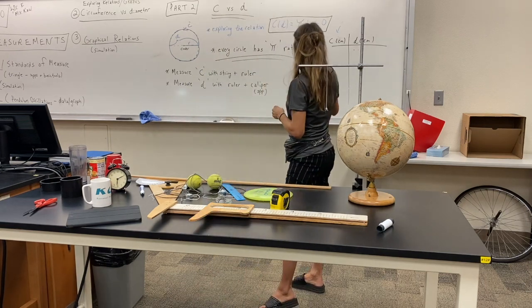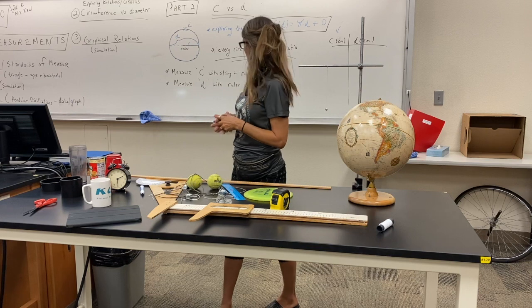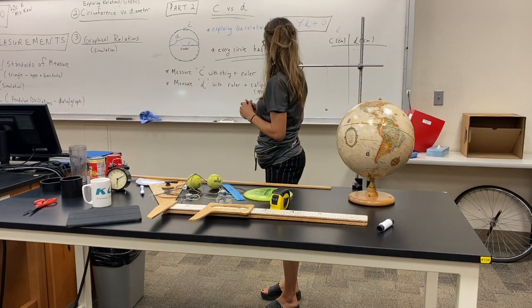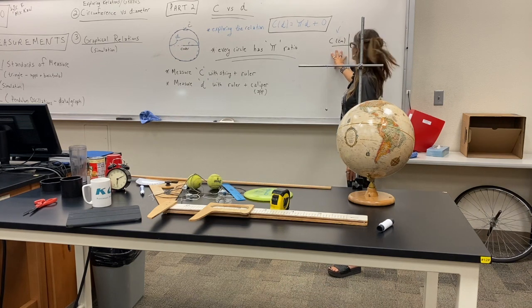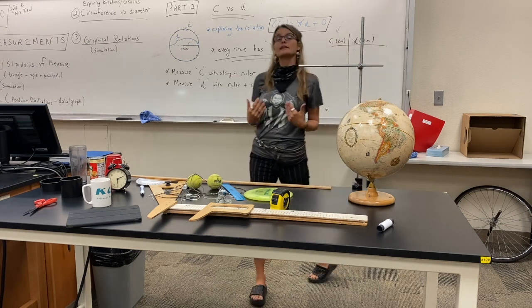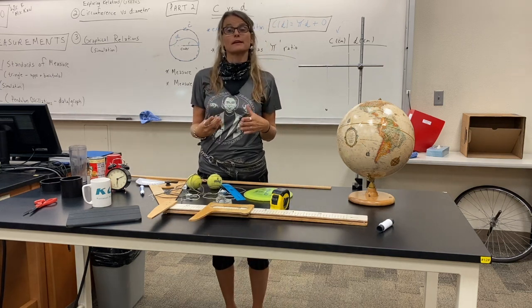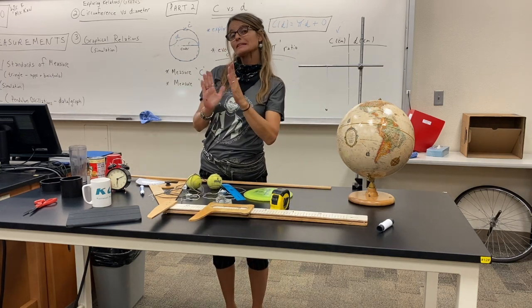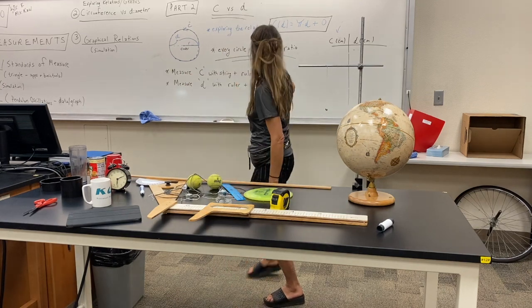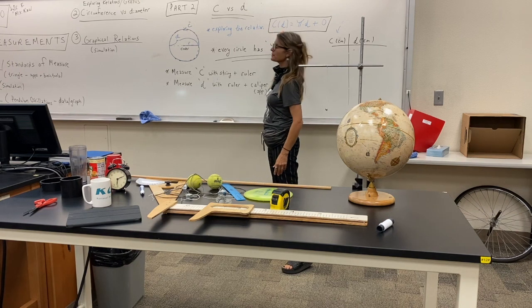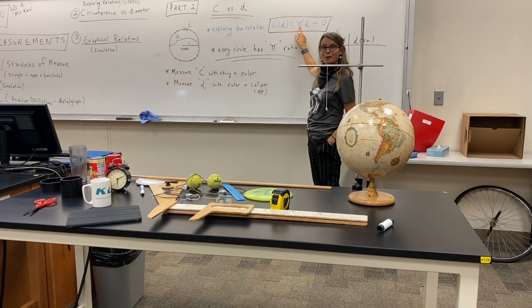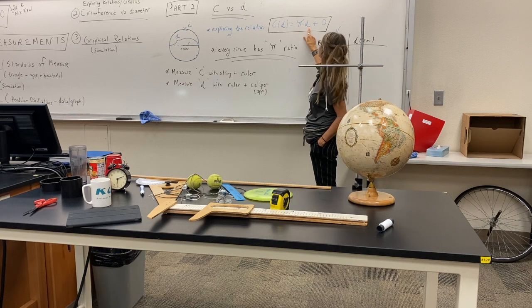Okay. So we're going to get our measurements for circumference and diameter, and we're going to put them in the table. We're going to get one measurement for circumference and two different diameter measurements, with the ruler and the caliper. Then we're going to plot these data values, and we'll see this linear relationship that abides by this function: circumference as a function of diameter should always equal pi, your slope, times your diameter plus 0.